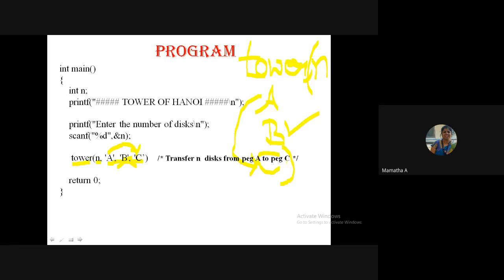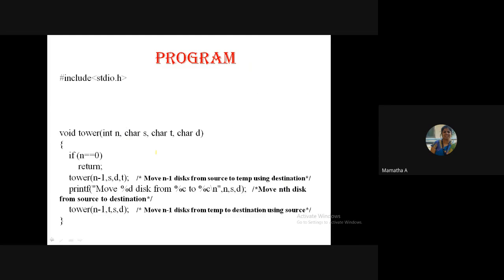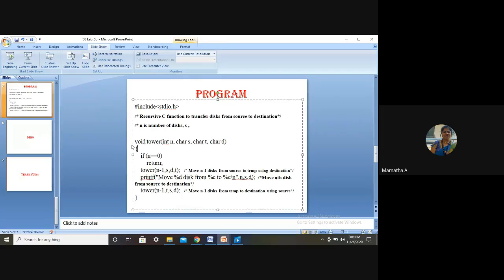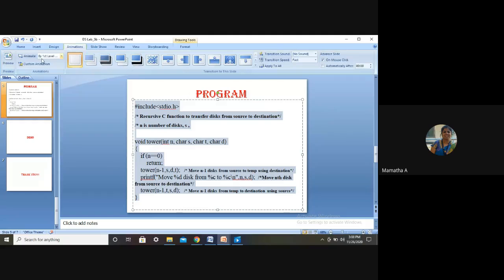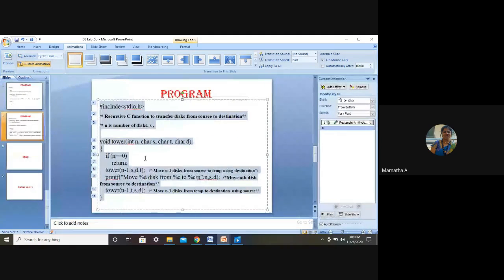Now I should design the function definition for this. The definition would look something like this. I have just included the header file as of now, and the recursive function is like this.